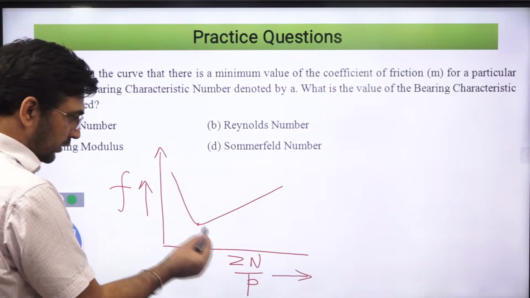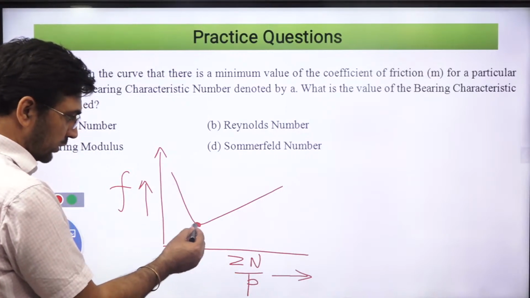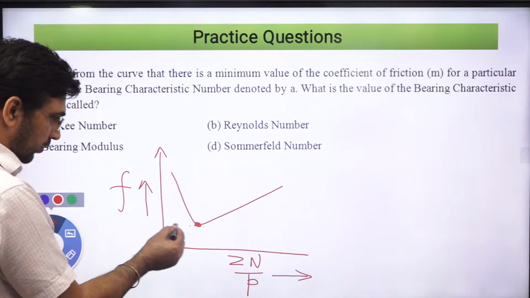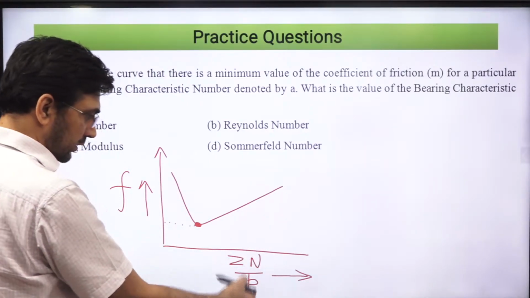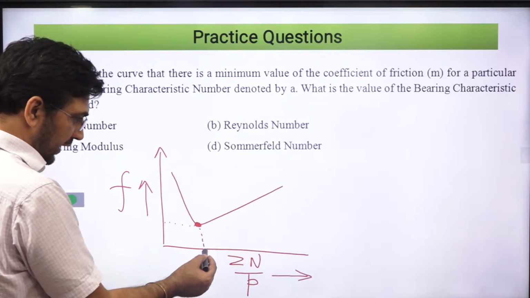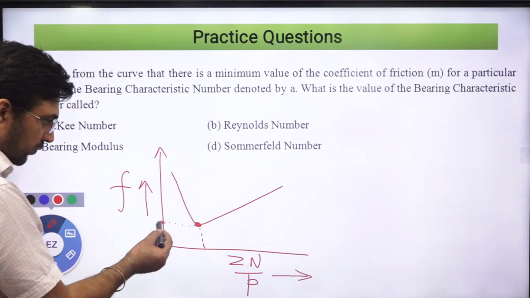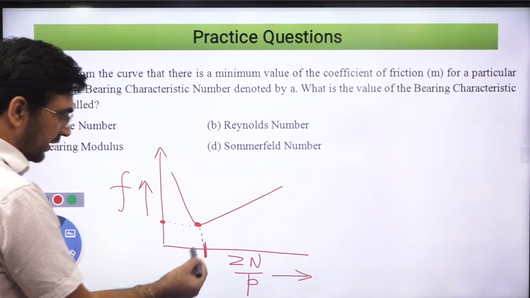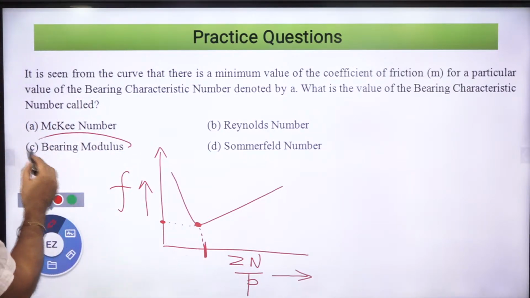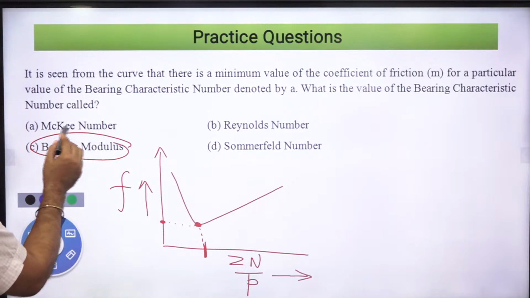So this value of Zn by P corresponding to the minimum value of friction that they obtained, that value of this parameter which will give us the minimum coefficient of friction, that value of Zn by P, we gave it a name called bearing modulus. So don't get confused with the Mackey number.